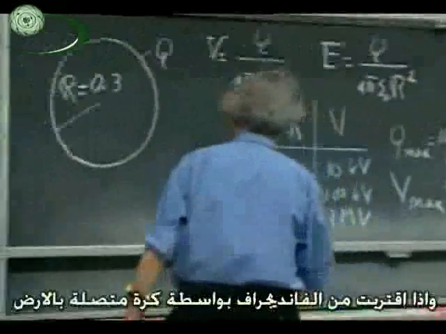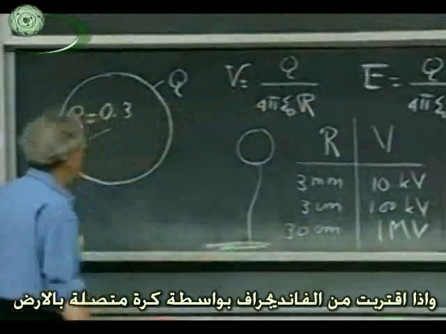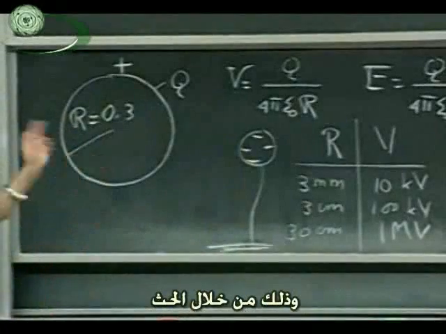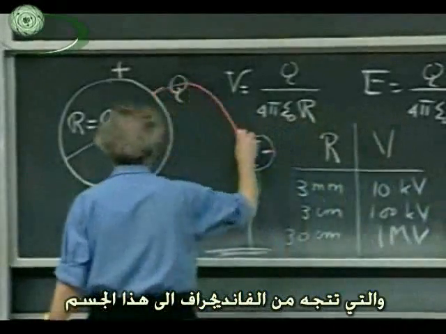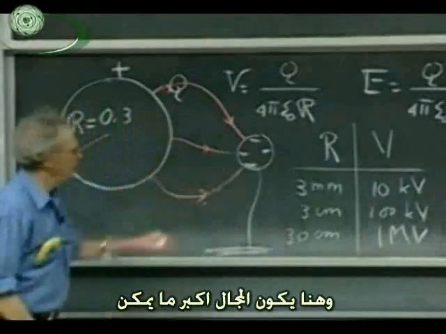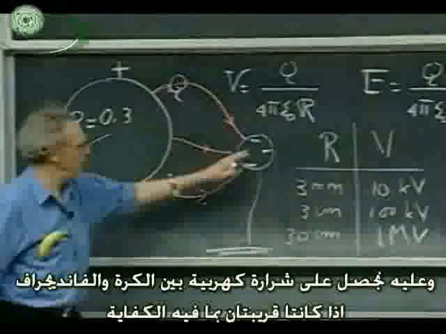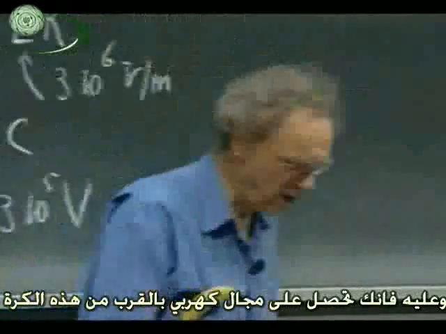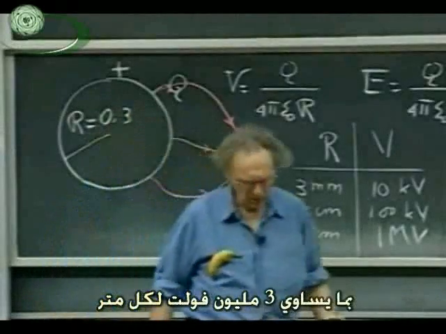Here's my Van de Graaff, and I approach it with a sphere which is connected to the Earth, and if this Van de Graaff has positive charge on it, then this sphere will become negatively charged through induction, and so you get field lines which go from the Van de Graaff to this object, always perpendicular to the equipotentials, so they go like this, and so the electric field here will probably be the strongest, and so the spark will then develop between this sphere and the Van de Graaff, provided that you are close enough, so that you do achieve an electric field close to this sphere of about 3 million volts per meter.